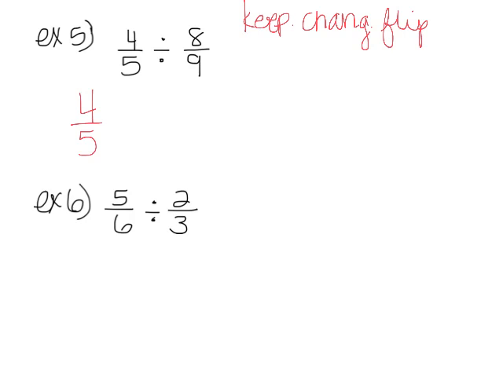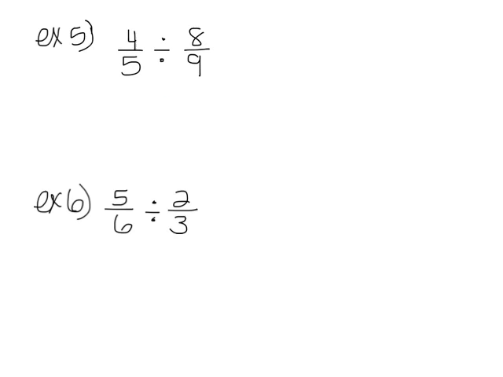I'm going to change the division sign to a multiplication sign, and then I'm going to flip the fraction 8/9 to be 9/8. I'm taking the reciprocal. And now I'm just going to multiply like normal fractions, so I'm going to multiply my numerators and my denominators, and I get 36 over 40. And that's going to simplify to 9/10.